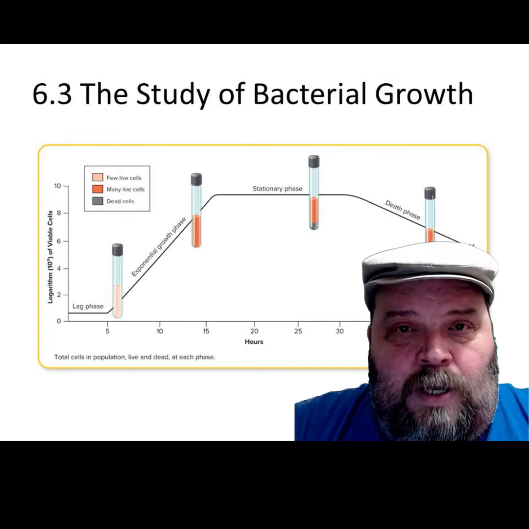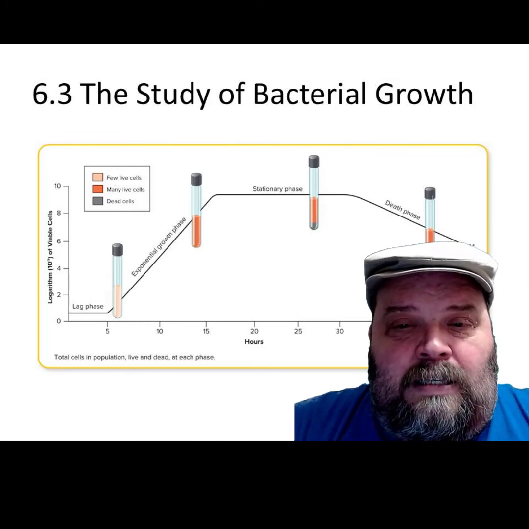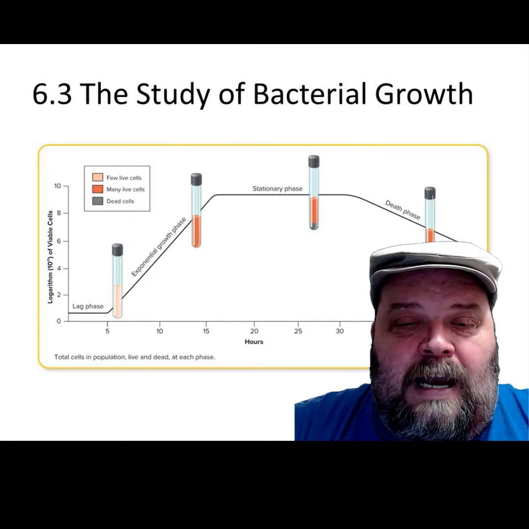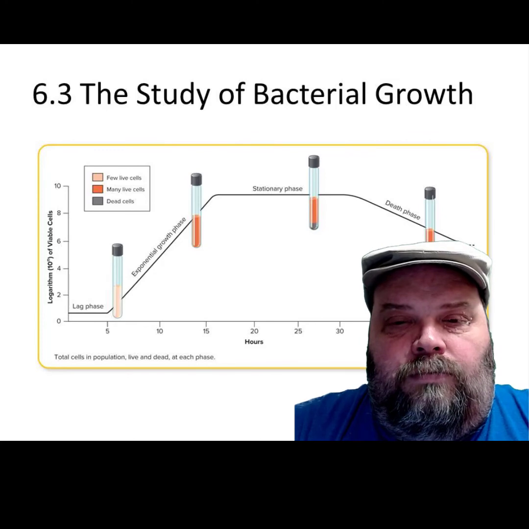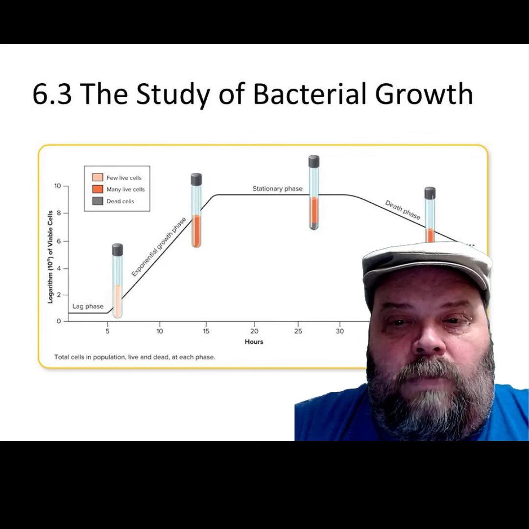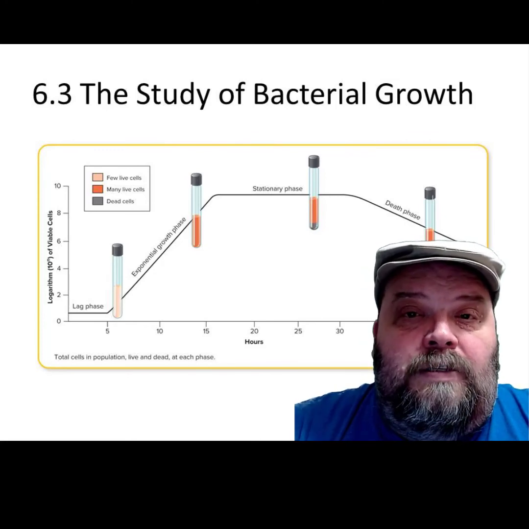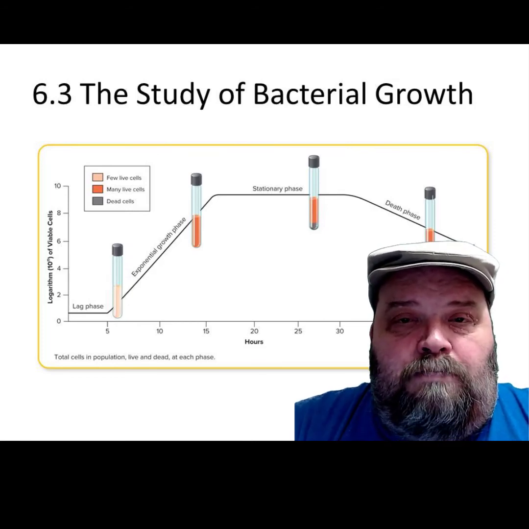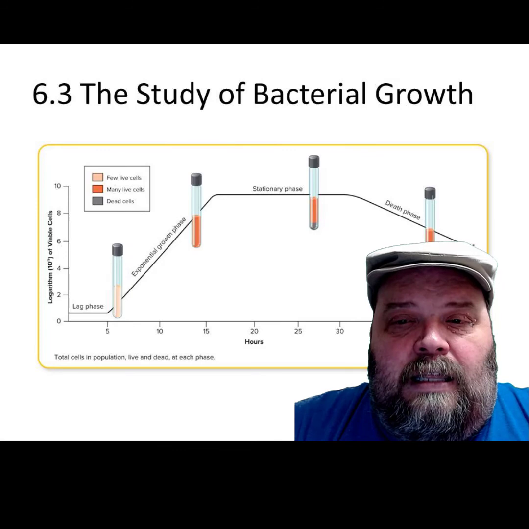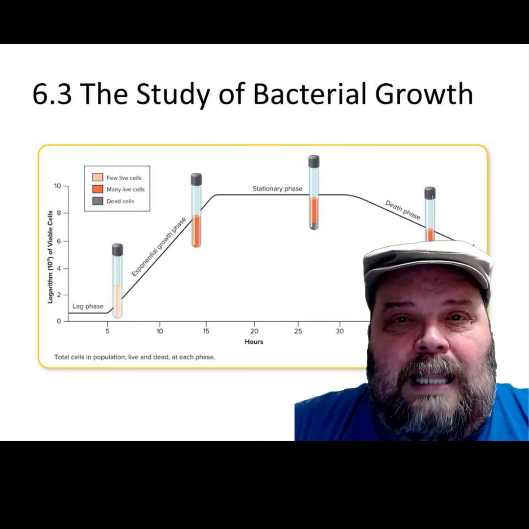It's basically reaching its limit, and it'll stay this way. For every one dividing, becoming new, there's another one dying. And then everything gets depleted. Waste has built up too much, nutrients are depleted, and we reach the death phase, the declining phase.